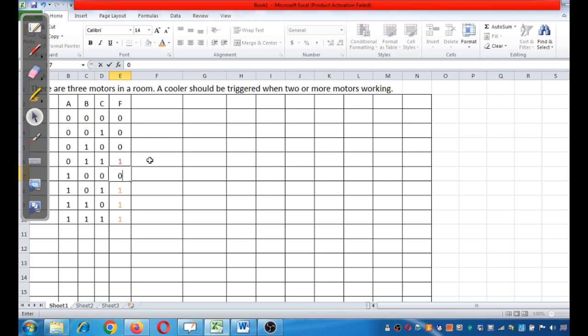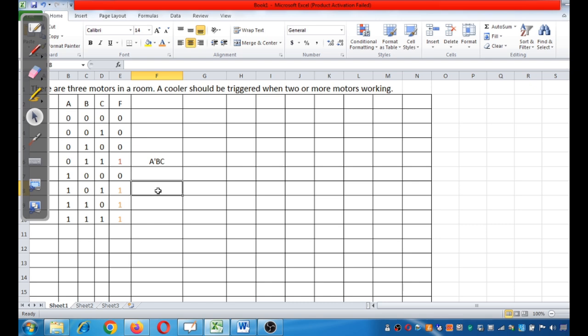It is A prime BC. That is, A prime BC will produce a logic high only when A is equal to 0, B is equal to 1 and C equal to 1. Then here your output line is 1.